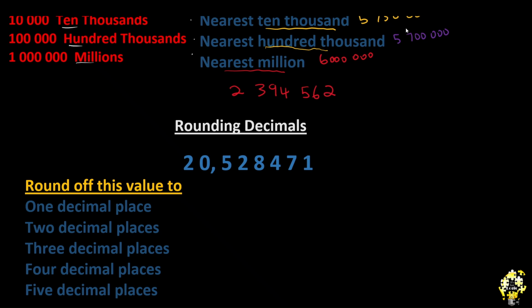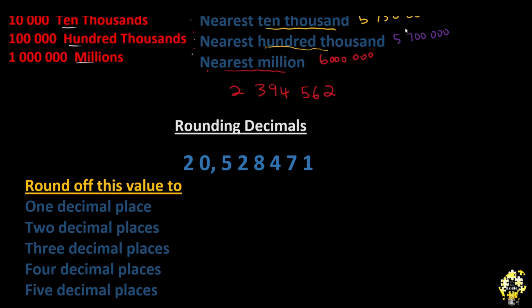Round this value to the nearest million, nearest 100,000, nearest 10,000, nearest 1,000, nearest 100, and nearest 10. Just pause the video and try to round it off, and then I will give you the answers.